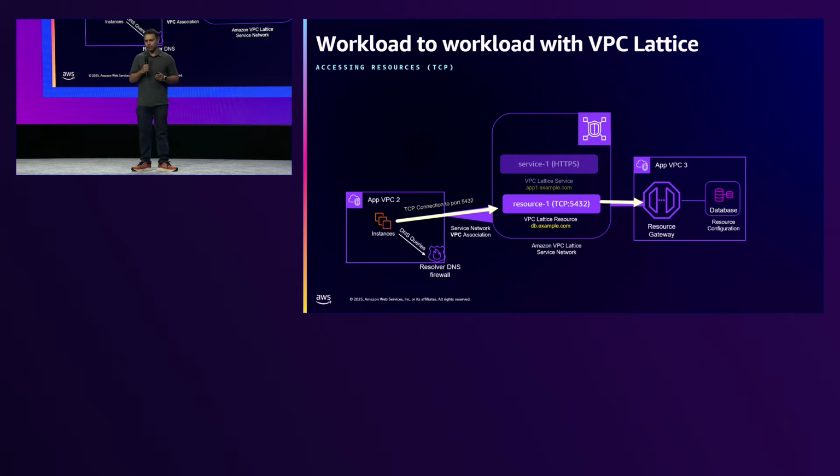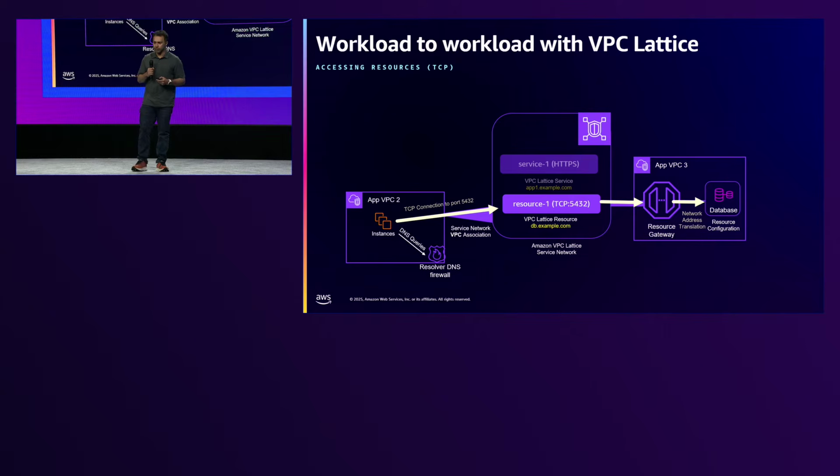A key point to remember here is your resource gateway gets IP addresses from the VPC where it's created, and when the resource gateway sends traffic to the backend target, it always performs NAT. So by the time the database sees the IP packet, the source IP would be that of the resource gateway in this example.